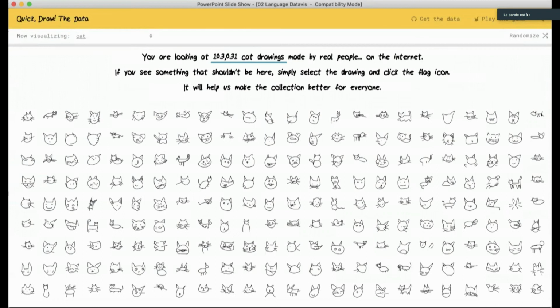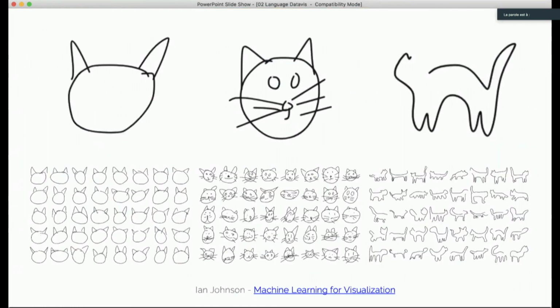Pretty cool. So because we're talking about cat, this is actually 103,000 drawings of a cat, right? Made by people all across the internet. Immediately when you look at all these drawings, you see there are some different types of patterns, right? There's the familiar circle with two triangles on the top representing the ears.